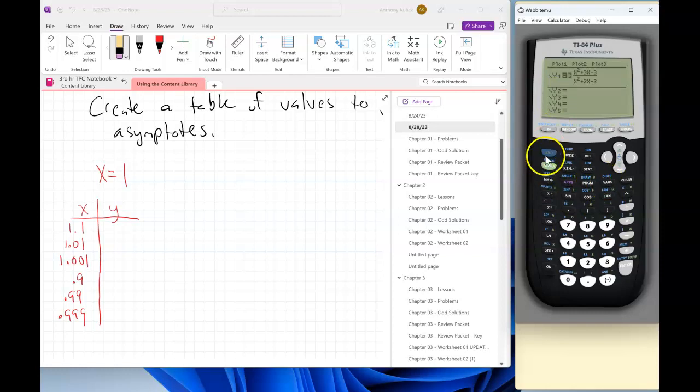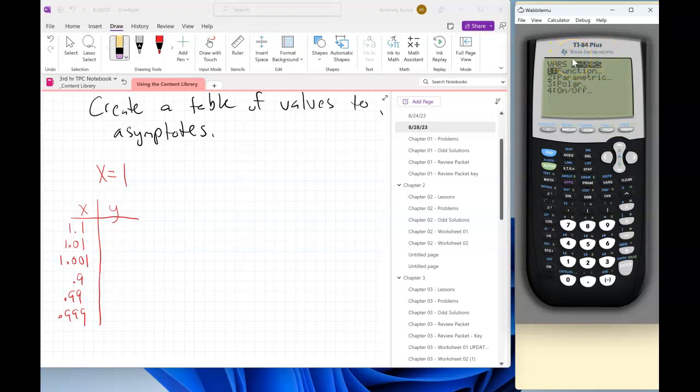So we're going to go back to our main screen, and we're going to press the vars button here that's right underneath the down arrow. Now we're looking for y1. That's a y variable. Vars is short for variables. So I'm going to move my tab over so that I'm on the y vars tab.